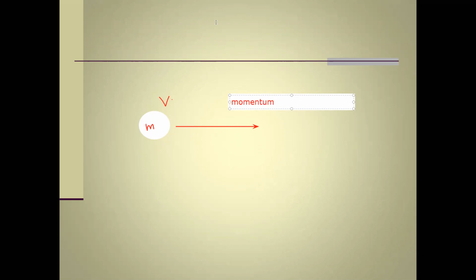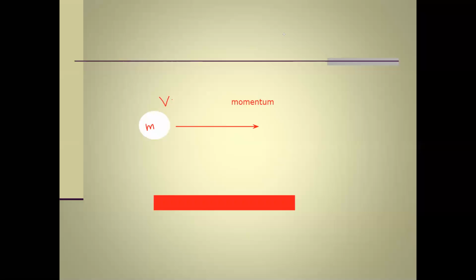But if you have an object which is fixed from one end, and you apply a force and you observe that the object is rotating either clockwise or anti-clockwise, you call that moment.